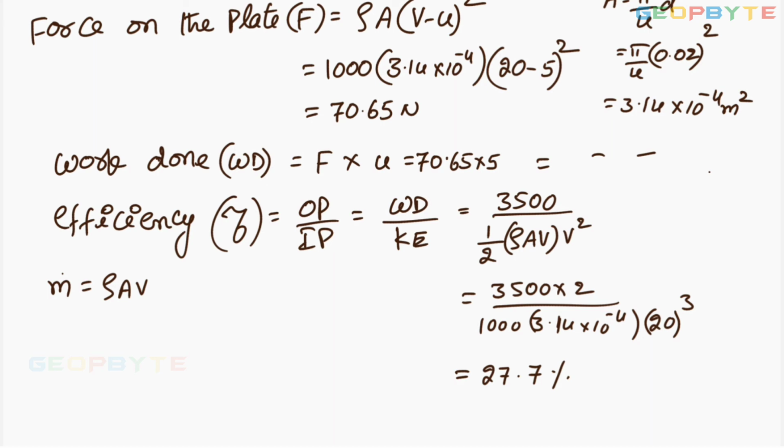Answer is 353.25 joules. Please correct it. This is the work done, 353.25. This is also 353.25. Now you simplify it, you will get 27.27%. I hope you clearly understood this problem.